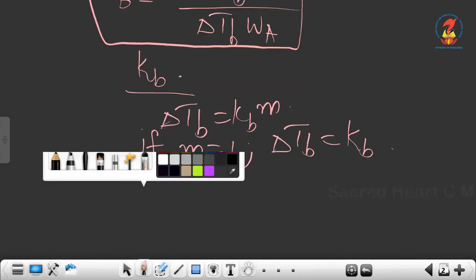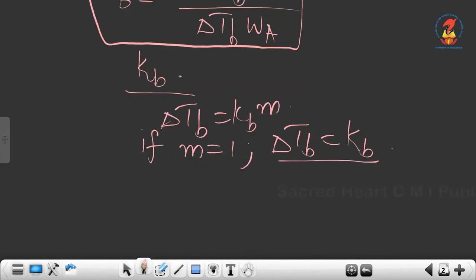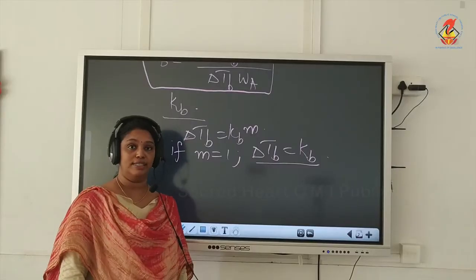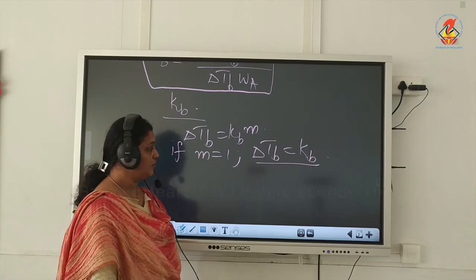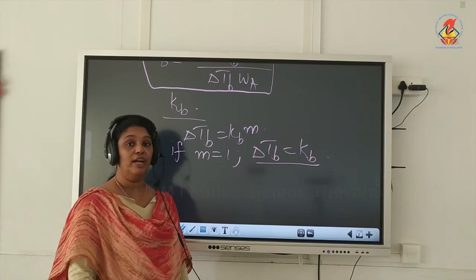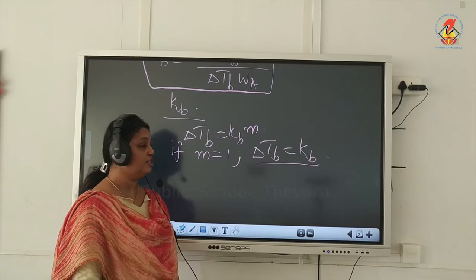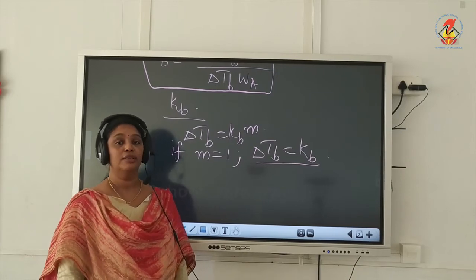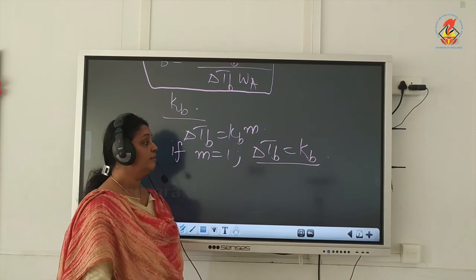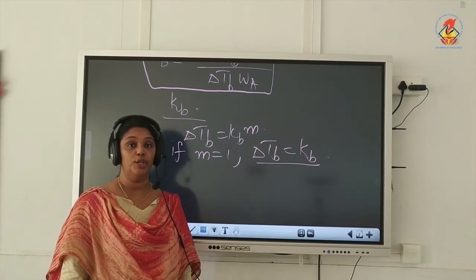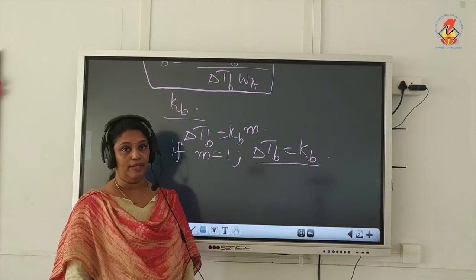So, from this you can give a definition for Kb, the molal elevation constant. It is the elevation in boiling point of solution when 1 mole of a non-volatile solute is added to 1000 gram of solvent. That is the definition for molal elevation constant or ebullioscopic constant Kb.